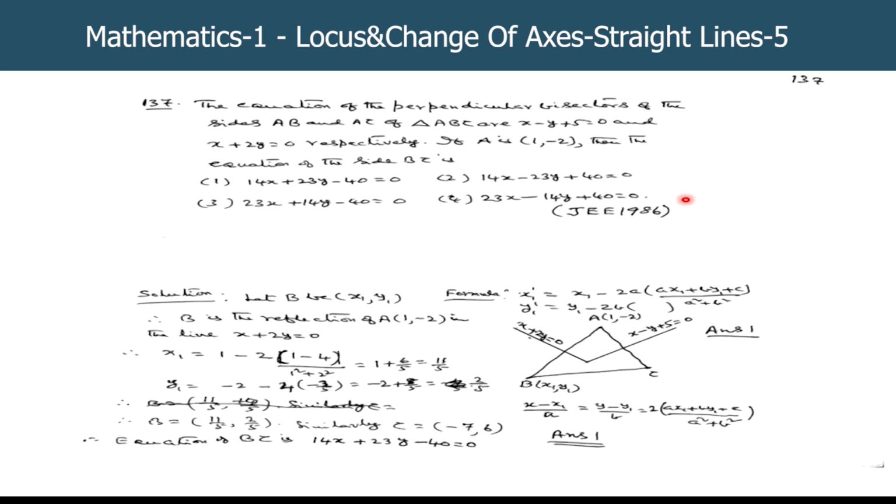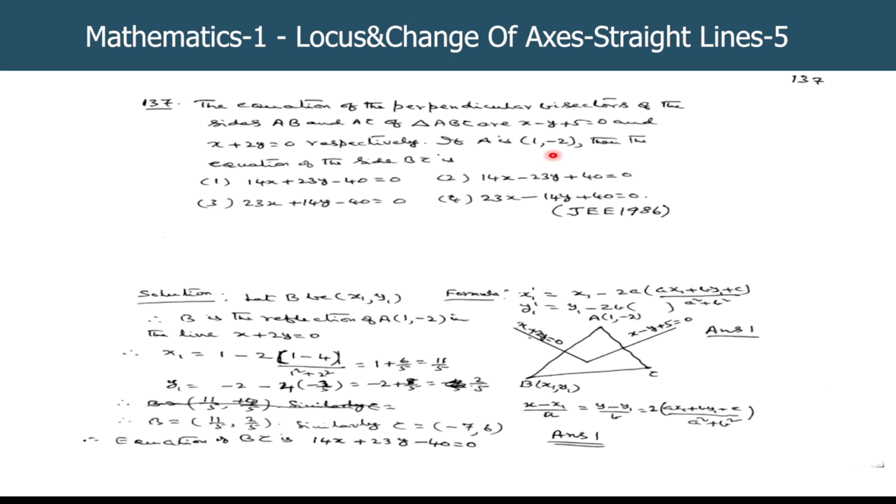137. The equations of the perpendicular bisectors of the sides AB and AC of triangle ABC are x minus y plus 1 equal to 0 and x plus 2y equal to 0 respectively.